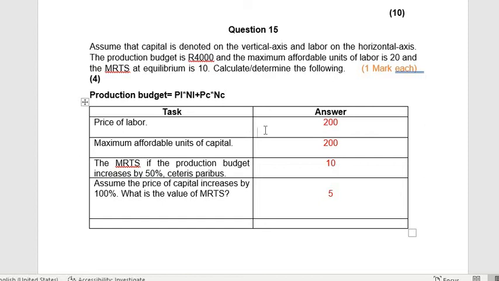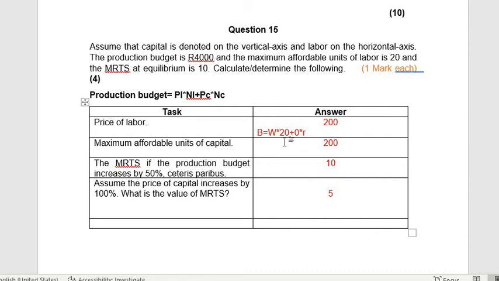So in order to calculate the price of labor, you will use the formula that I just wrote down here. Let me say B equals the price of labor, which is wage, multiplied by 20, plus 0 multiplied by rent, which is the price of capital.